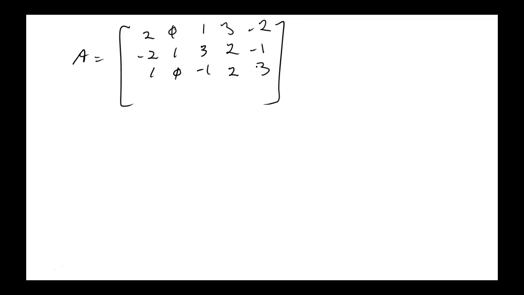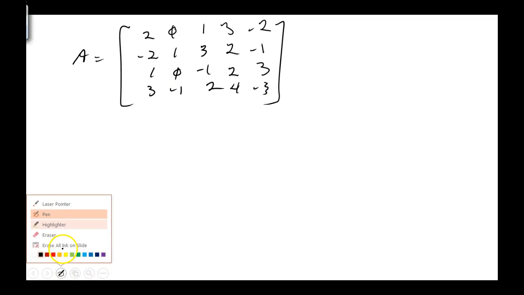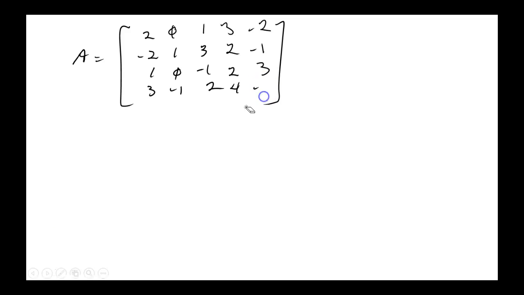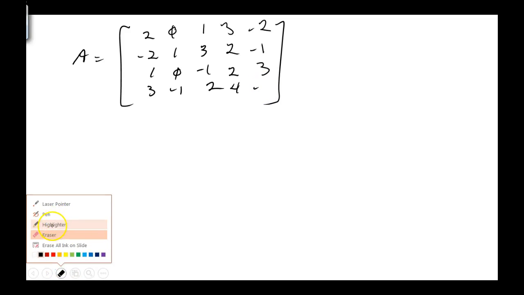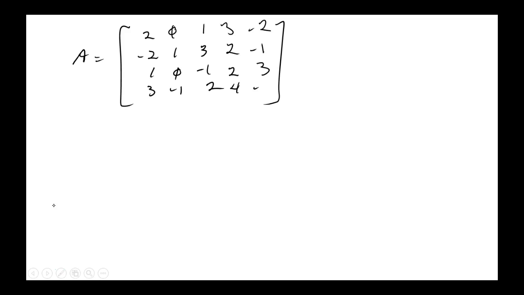Is it? Yeah. A 3, -1, 2, 4, -3. An ugly 3, goodness gracious. How did that happen? I think my thing wobbled on me a little bit. Okay, and then a 1, 1, 3, 2, 0.